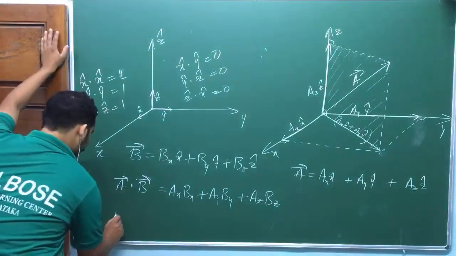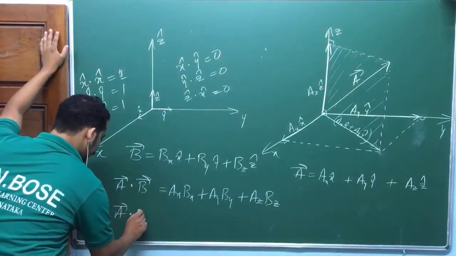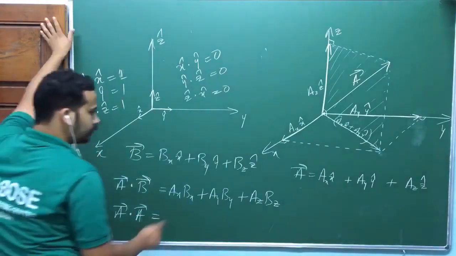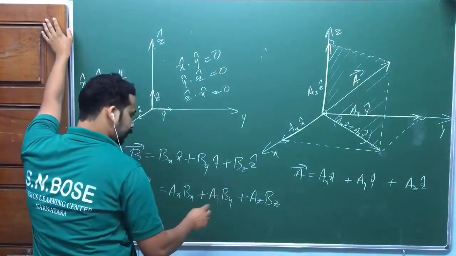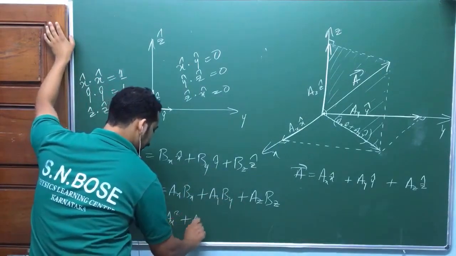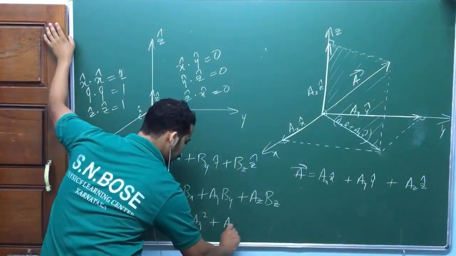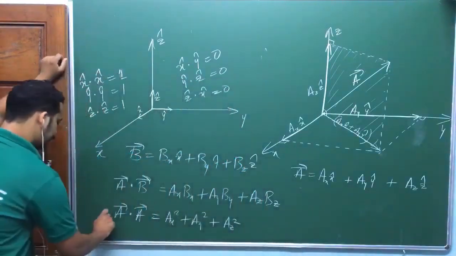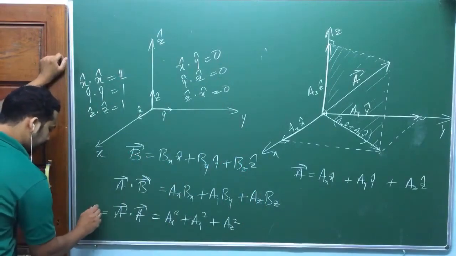And if you want to take the dot product with itself, A dot A, what do you get? Ax square plus ay square plus az square, isn't it? Or you can write the dot product with itself as a square.